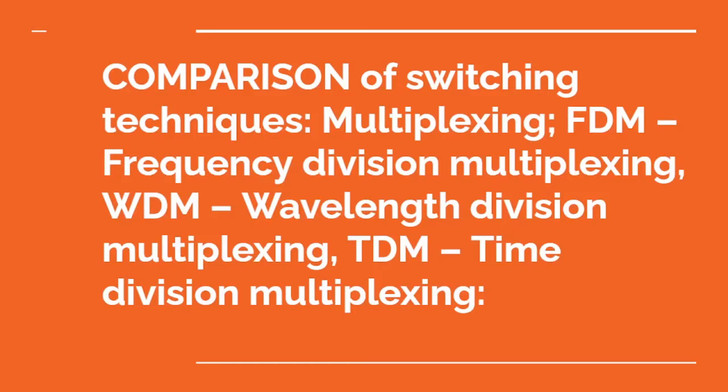Each one of these subbands then carries a separate signal. This allows a single transmission medium, such as a cable or optical fiber, to be shared by many signals. An example of a system using FDM is cable television, in which many television channels are carried simultaneously on a single cable.